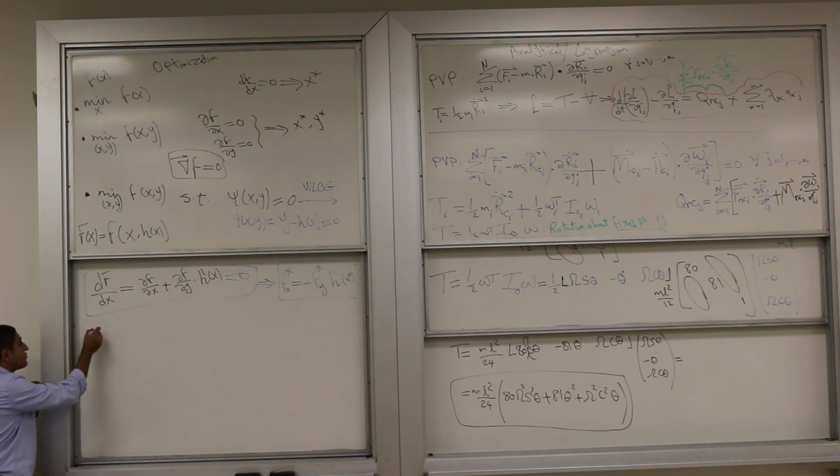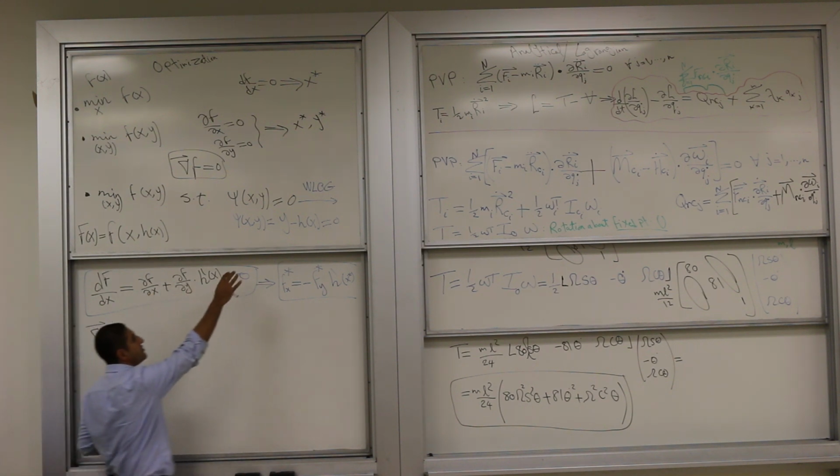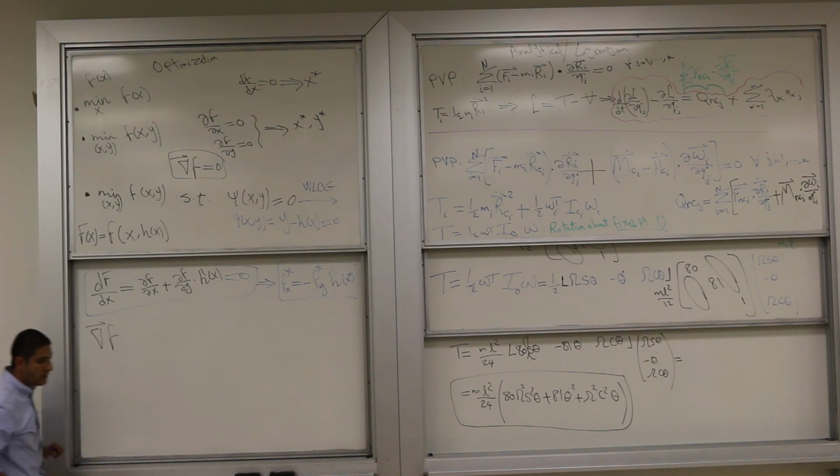So the gradient of your function is not necessarily 0 at the optimum, because it's a constraint. If it's an unconstrained problem, yeah, certainly your gradient has to be 0. But in a constrained problem, your gradient of the function may not be 0, because at this point, it might not satisfy the constraint. You have to take into account your constraint. So what is your gradient in general?